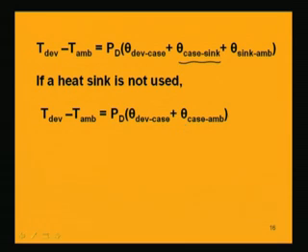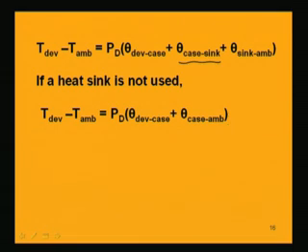So we will simply have the difference in temperature between device and the ambient equal to PD, power dissipation, into theta device to case, that is the thermal resistance from the device or the transistor to the case, plus theta case to ambient.